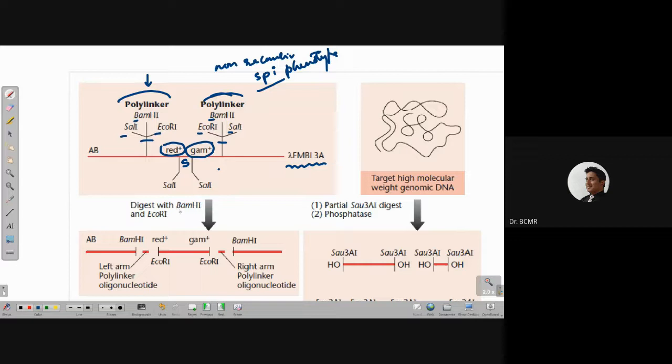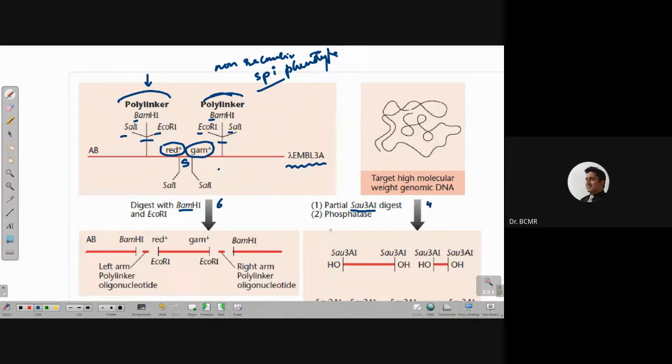As I also described yesterday, BamHI and Sau3A are isocaudomers. That means they leave identical overhangs. Their recognition sequences are not identical, but they leave identical overhangs. BamHI is a 6-base cutter, whereas Sau3A is a 4-base cutter.